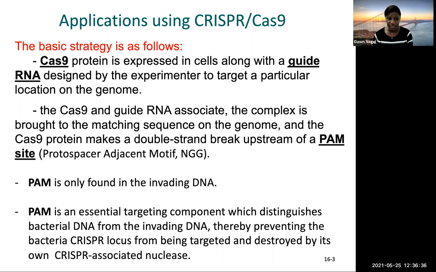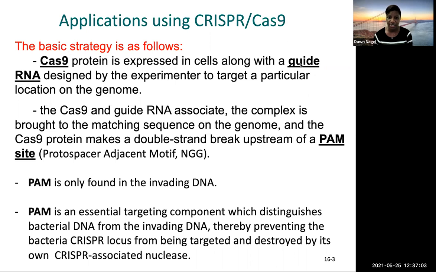We discussed briefly how we, as scientists, have leveraged this system to alter genes to study their function in the genome. And the way that we're able to do that is taking advantage of two key features: this Cas9 protein, which is required for cleaving the target that this guide RNA will then recognize.